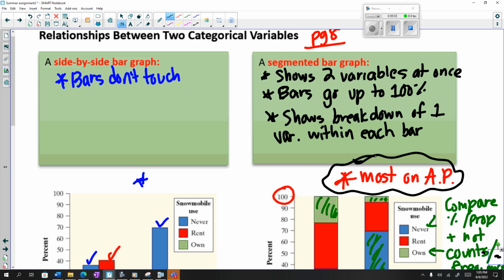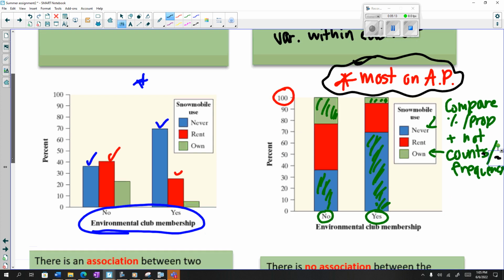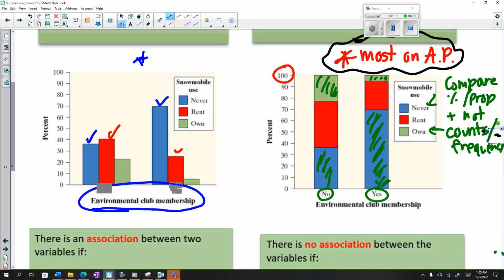So basically, our question is, is there an association or is there a relationship between the two variables? Okay, so in this case, if we look at my segmented bar graph over here, is there a relationship between being a member of the environmental club and using a snowmobile? And the answer is yes, there is a relationship, or an association.